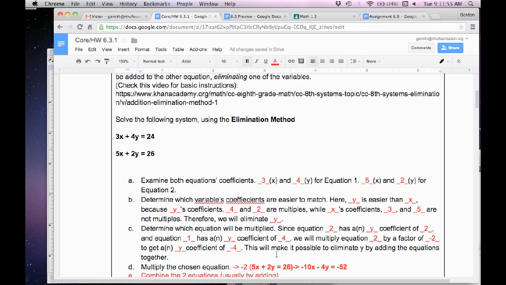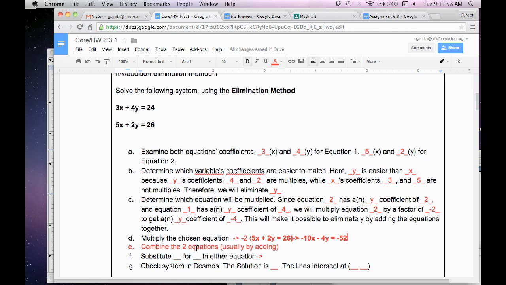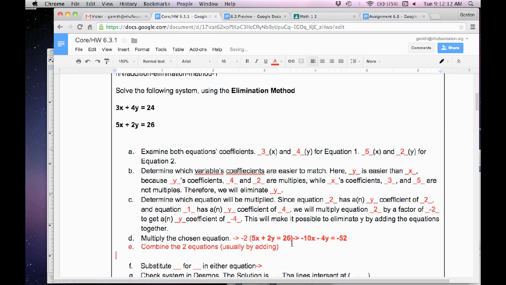Okay. So next it says to combine the two equations, usually by adding. We've got this new version of equation 2. I'm going to copy that and paste it here, and then that's going to be plus the first equation.